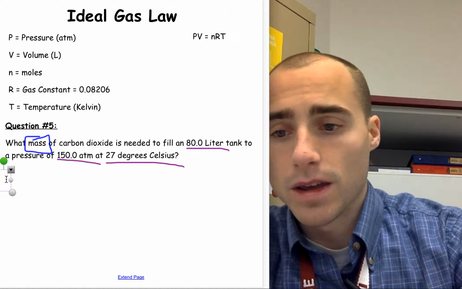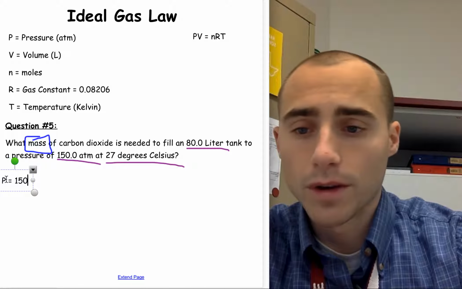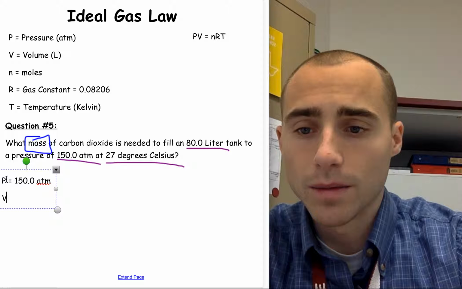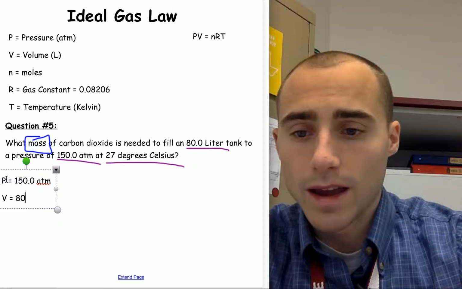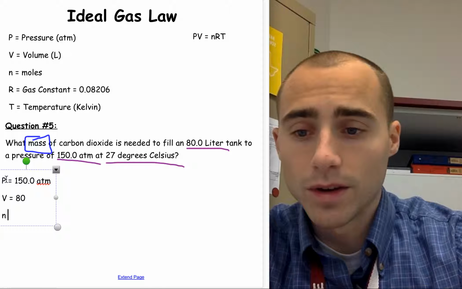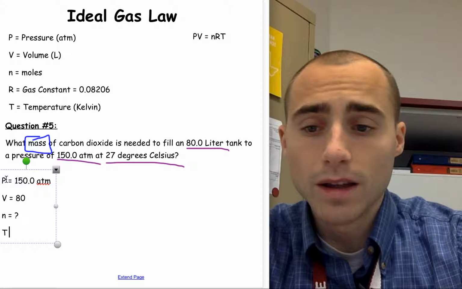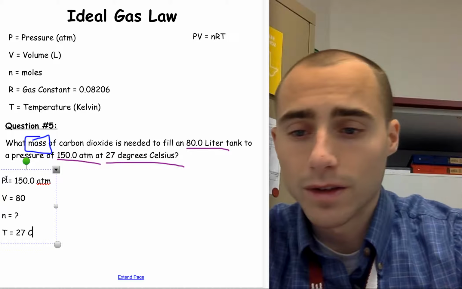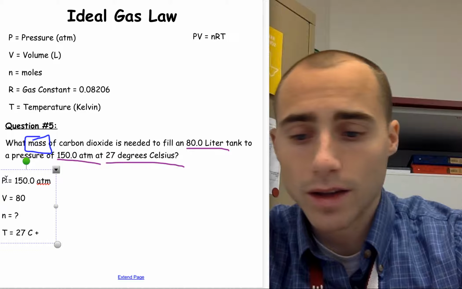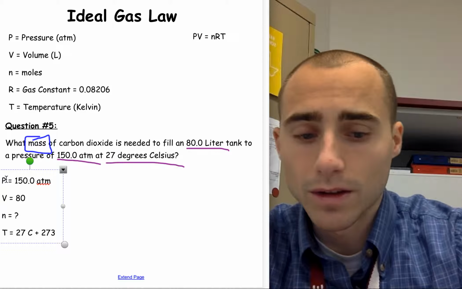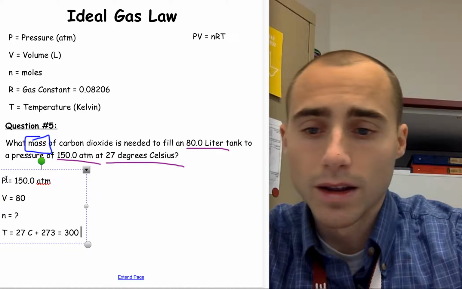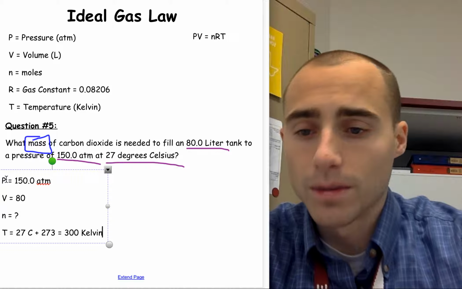So our P is 150.0 atm, our V is 80, our n we don't know, and our T is 27 Celsius, so we have to add 273 to that, and that's going to equal 300 Kelvin. So that is our temperature.